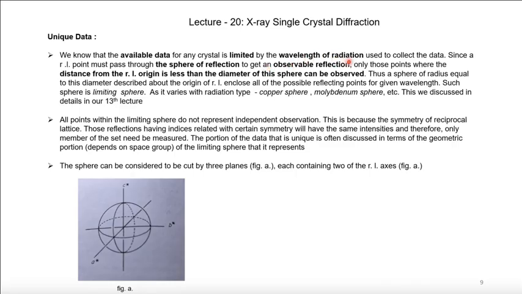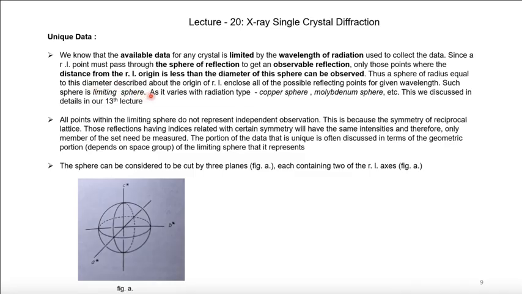We have shown it in our earlier lecture, I suppose it was the 13th lecture, how much available data we get with copper radiation, or with molybdenum radiation, or any other radiation. We can find out that this much data we can get once we define our limiting sphere.